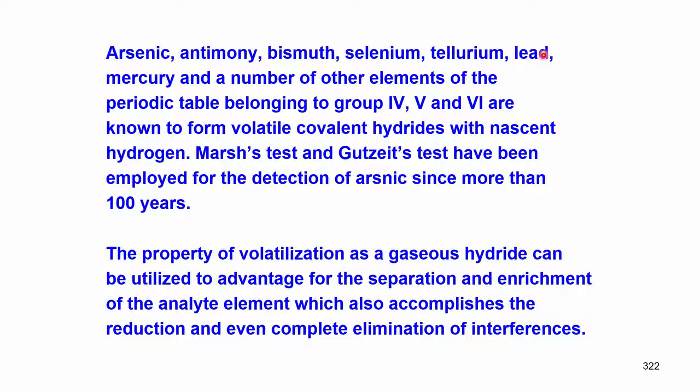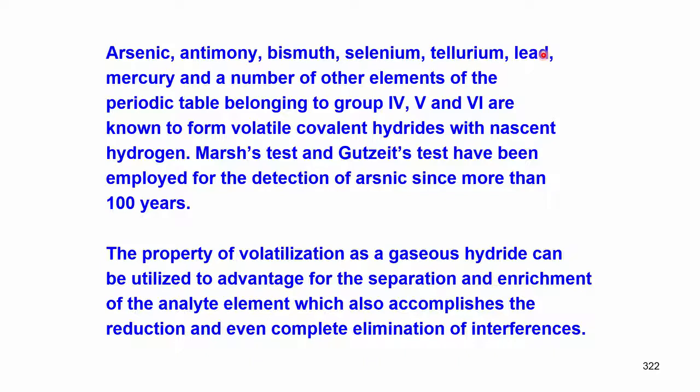You will be surprised to know that most of the elements written here, that is arsenic, antimony, bismuth, selenium, tellurium, lead and mercury, are among the most toxic elements in the environment.